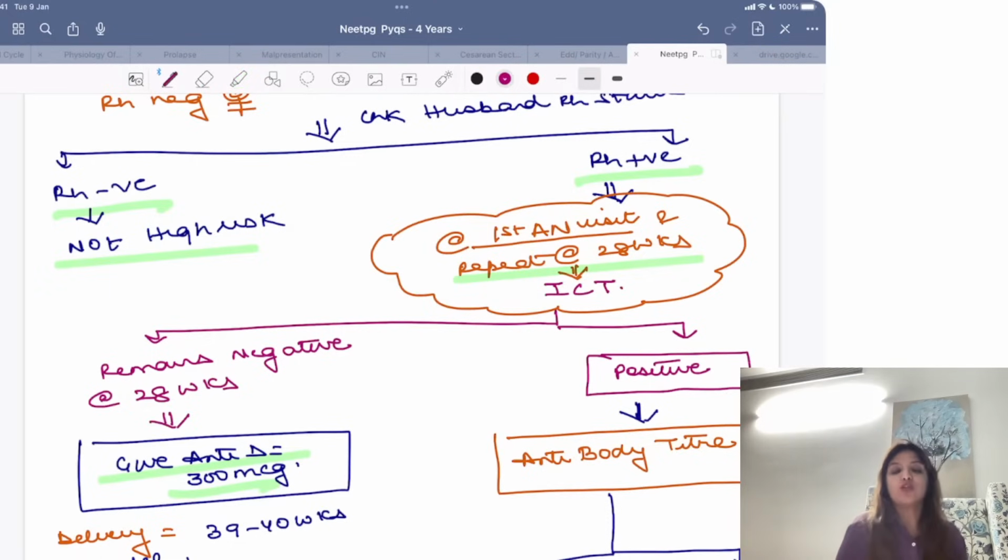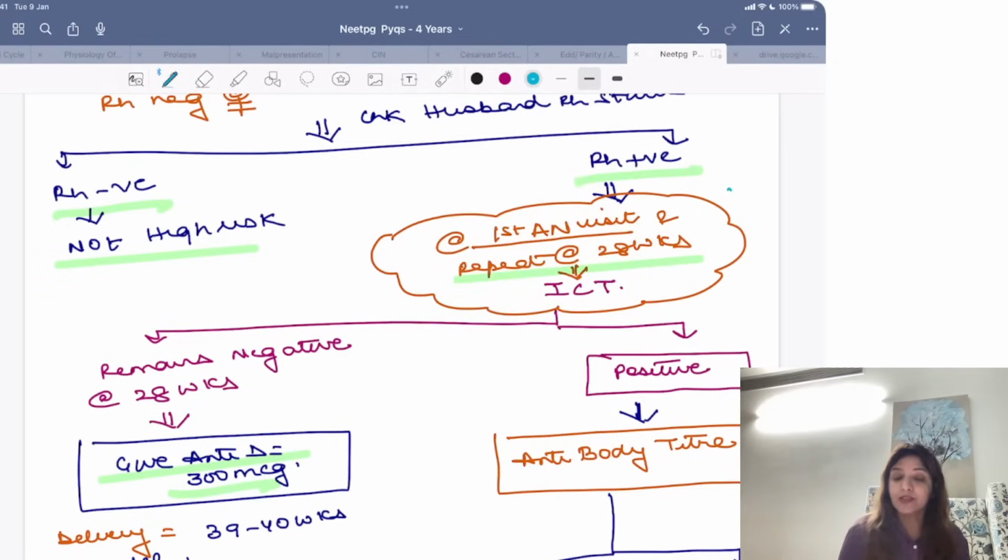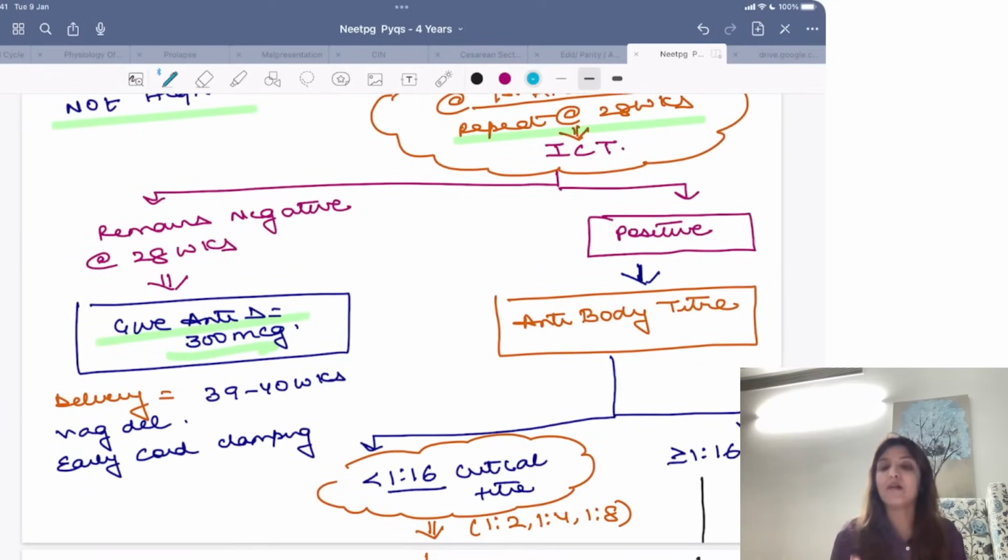300 micrograms of anti-D or 1500 international units of anti-D. But if at 28 weeks I see that the indirect Coombs test is positive, this means that now fetal blood has entered into mother's blood. It has stimulated mother's immune system and now mother's immune system has produced antibodies against fetal Rh antigen.